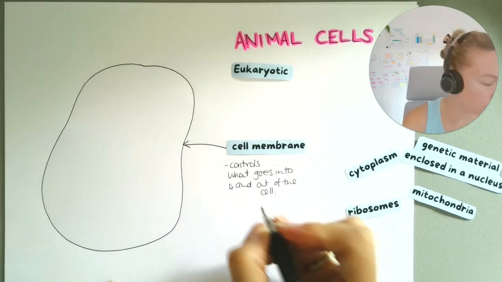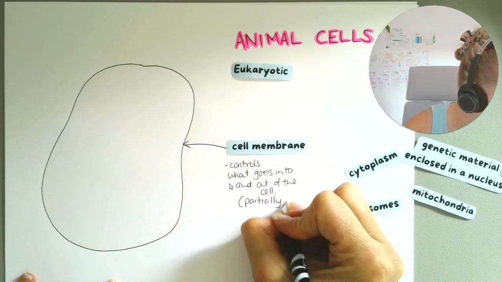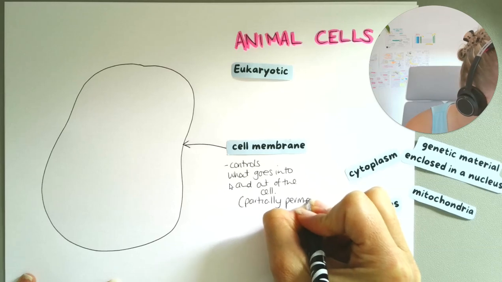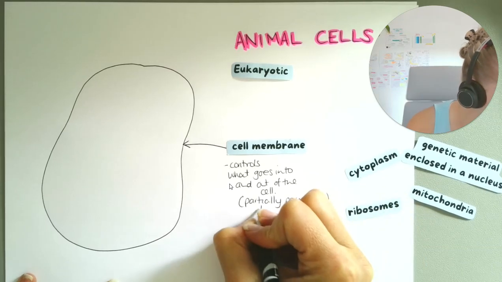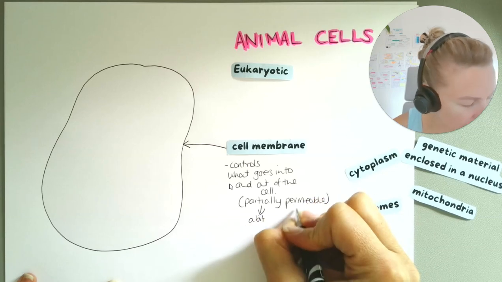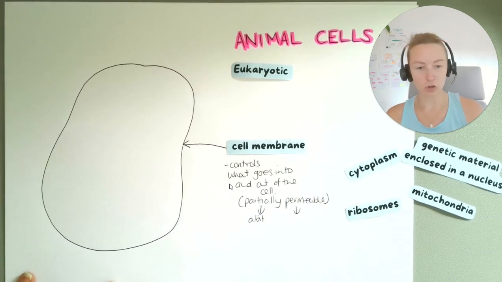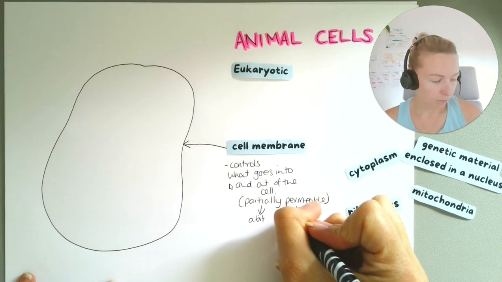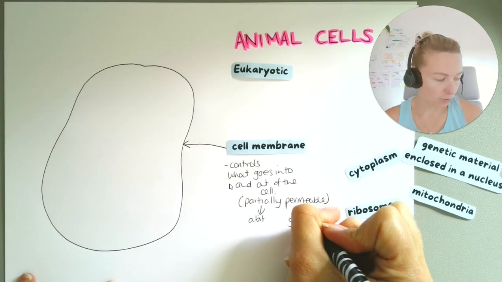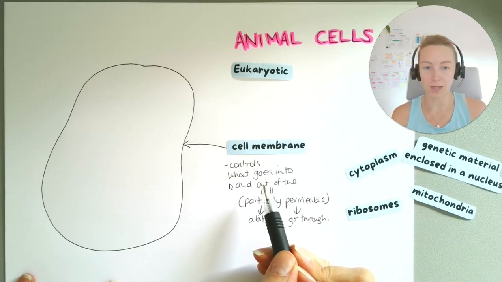And actually, it's what we call partially permeable. So partially kind of meaning a bit, and permeable, allowing things to permeate it, allowing things to go through. So what this means is that essentially this cell membrane will let some things through and not others.